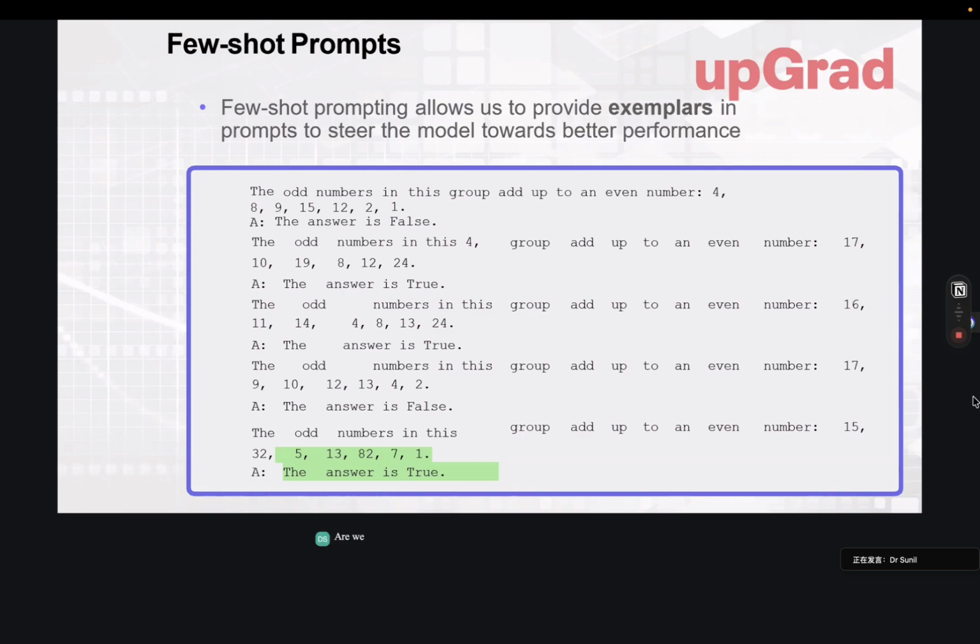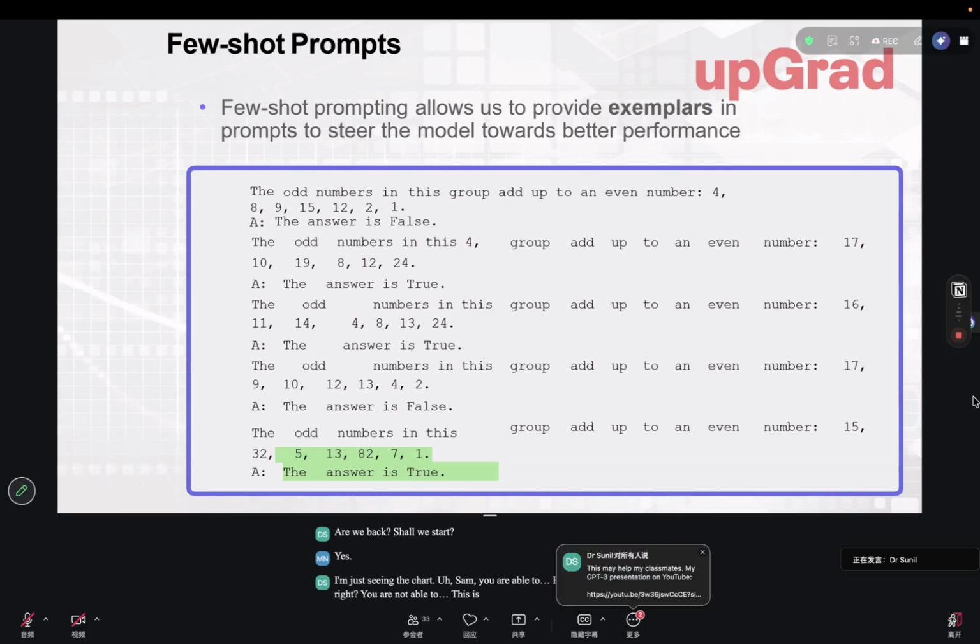Are we back? Shall we start? Yes. I'm just seeing the chat. Sam, you are able to put it in the chat, right? You are not able to.